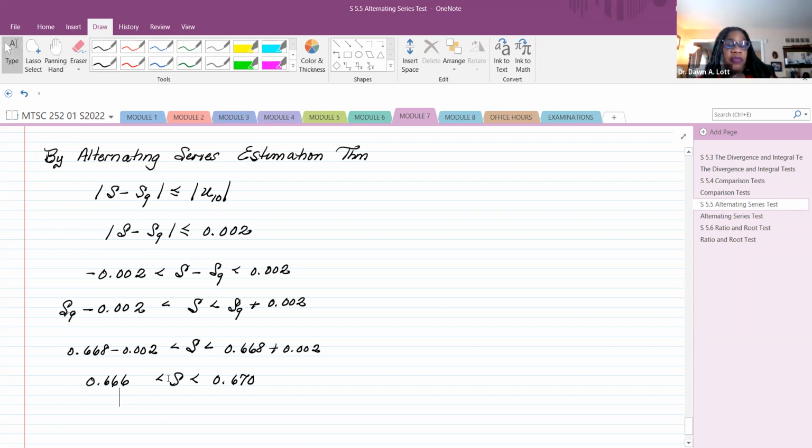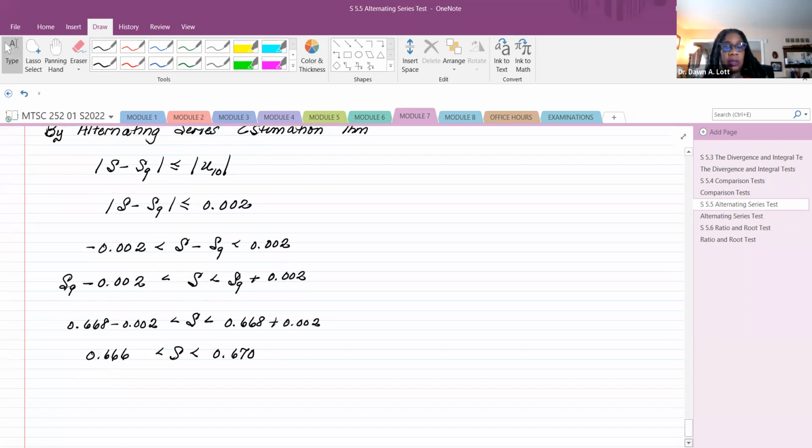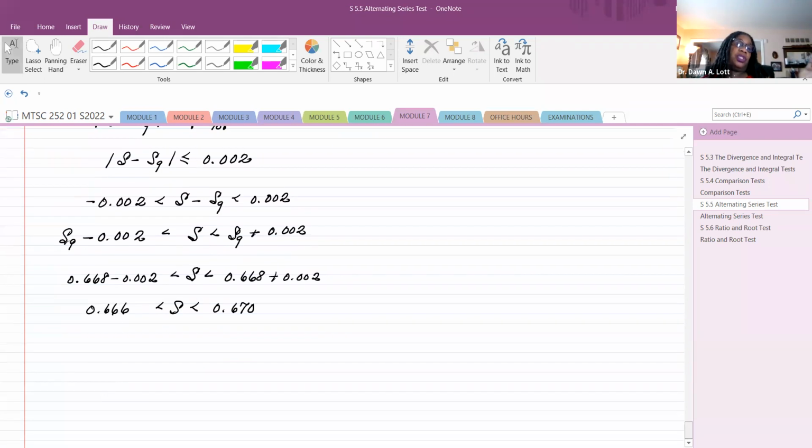So if I wanted to just get an idea of what the sum of the series is, look at that estimation. That's really, really good. Okay, so that's a really good indicator of what the sum of the series is. Okay, it's a geometric series. We can find the true sum.